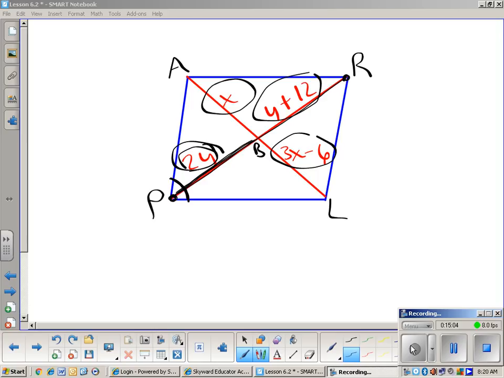Yes or no? Silas? No? I want your opinion. I didn't hear you. What did you say? Yes, you think it means they all are equal. Okay? Let me draw this picture.